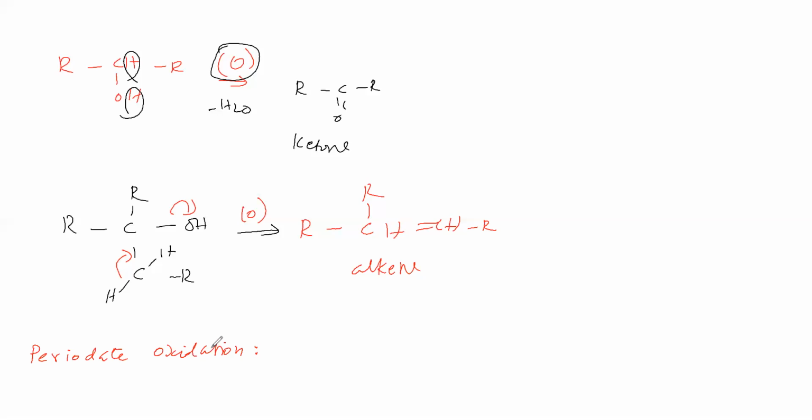In this periodate oxidation, how will it happen? That point we will see. Now we will take a compound like this. We are taking a diol.